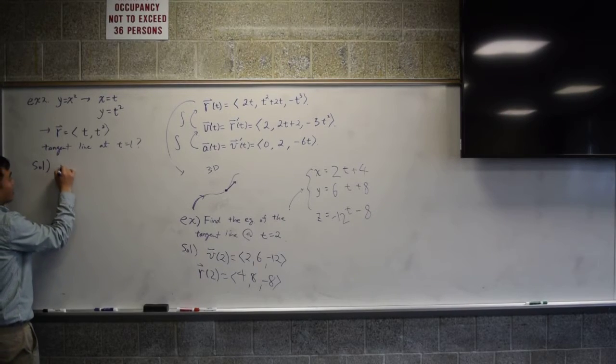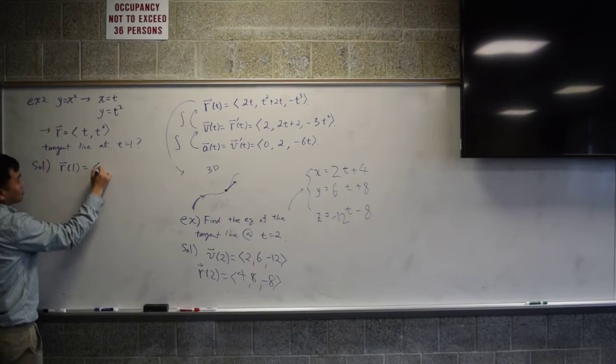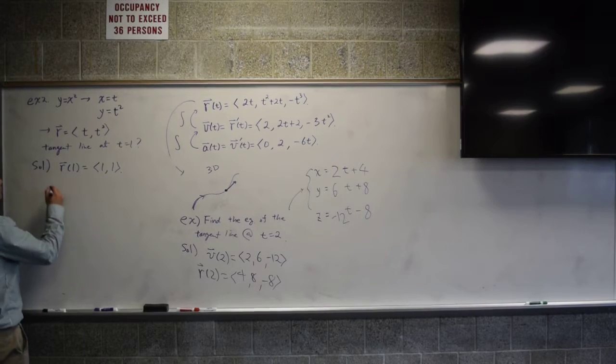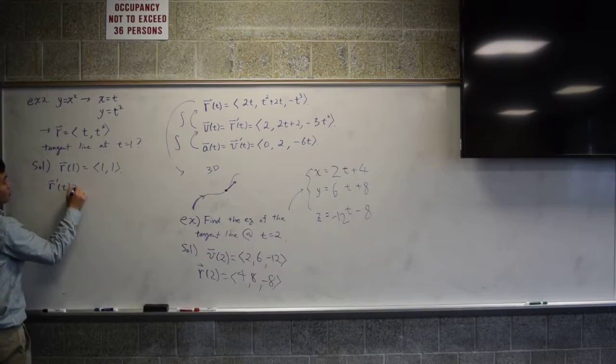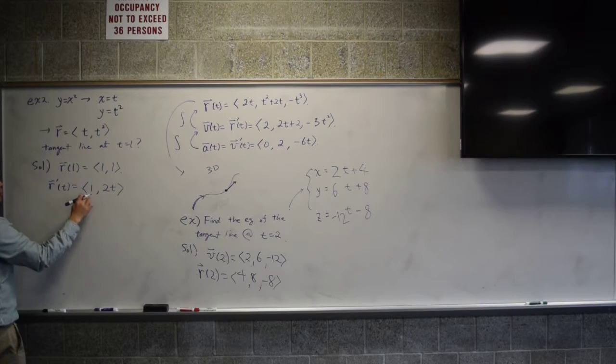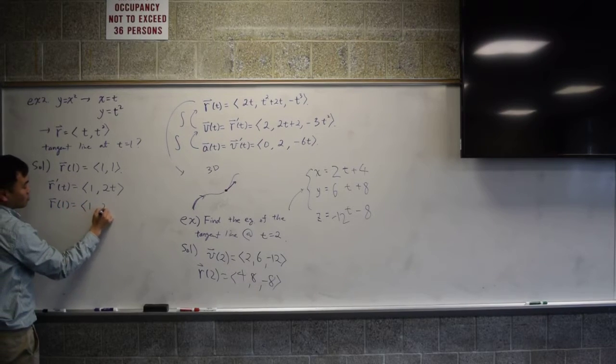First, r evaluated at t equal to 1 gives you 1 comma 1. So that's where the point is when t is equal to 1. And now to get the direction, what do we do? Take the derivative, which is 1 comma 2t, because if you differentiate t, it's 1. T squared differentiates to 2t. And you plug in 1, which gives you 1 comma 2.